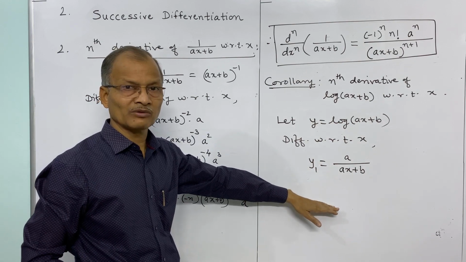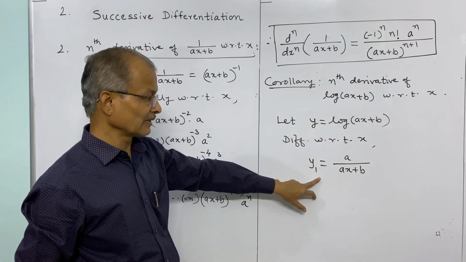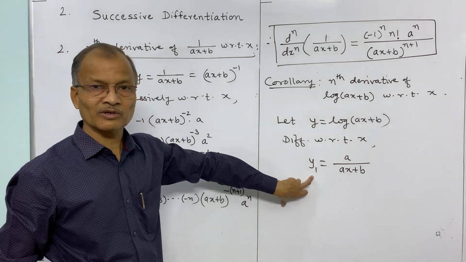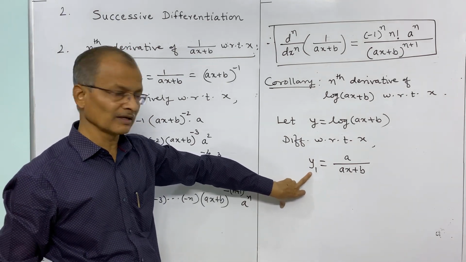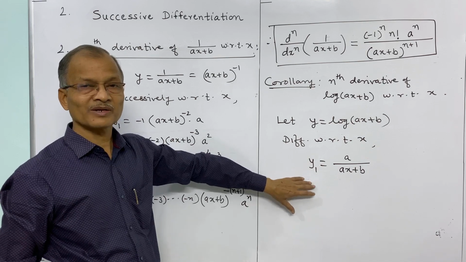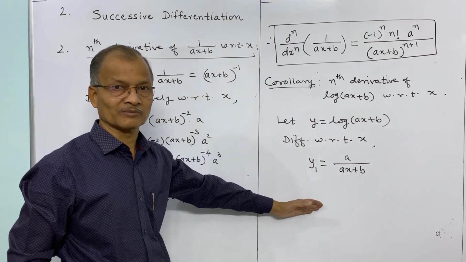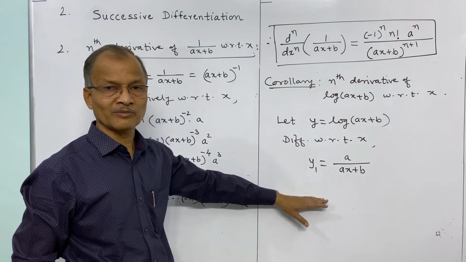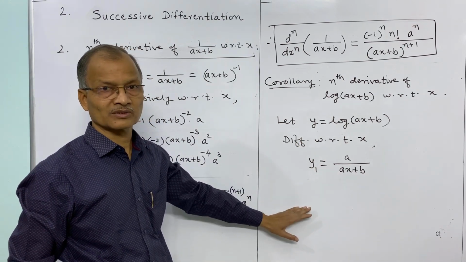That formula can be used to obtain its nth derivative. But the first derivative is obtained. Now how many times do we have to differentiate further to get the nth derivative? So we have to differentiate further n minus 1 times. So first time and then further n minus 1 times will be total n times derivative.